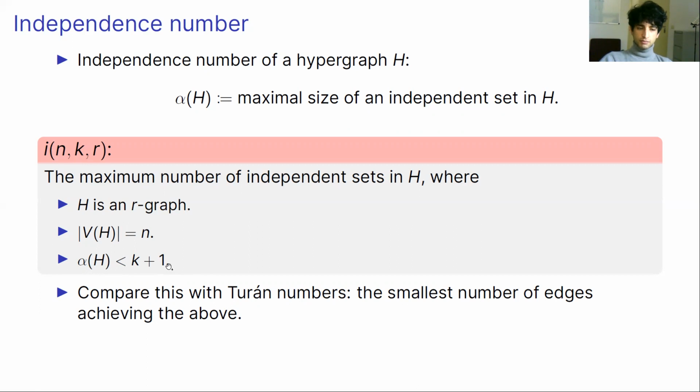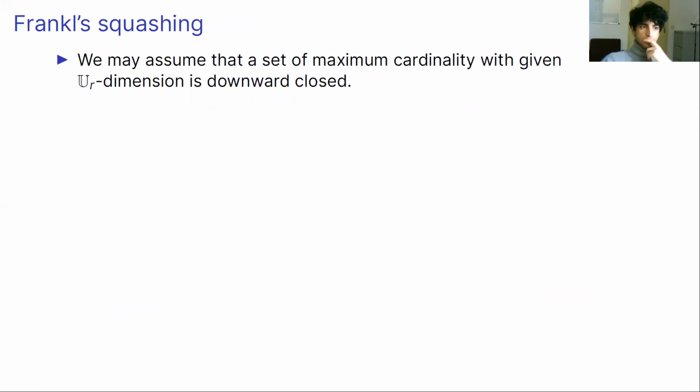So it's a Turan type problem, if you remember Turan type questions. This basically asks, what is the smallest number of edges achieving this? But we're asking for the total number of independent sets. And we show that these questions are equivalent. This follows from an old technique of Frankl, a squashing argument.